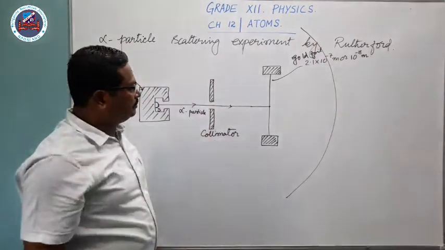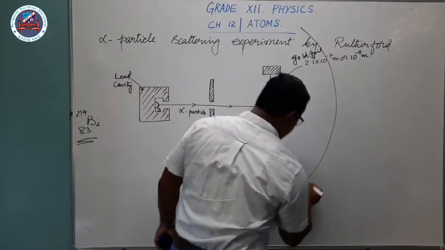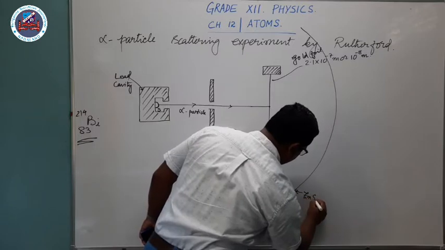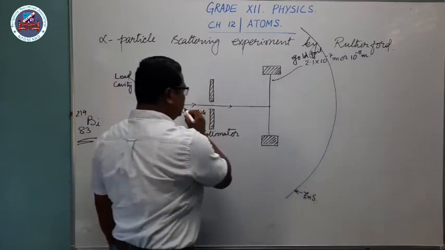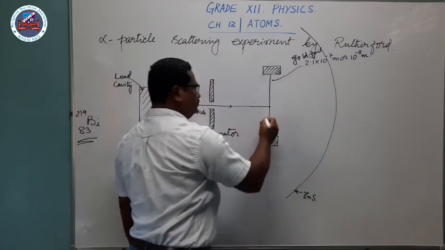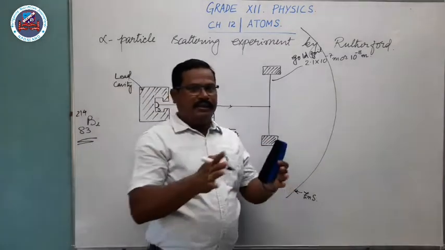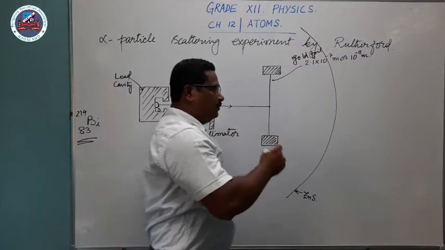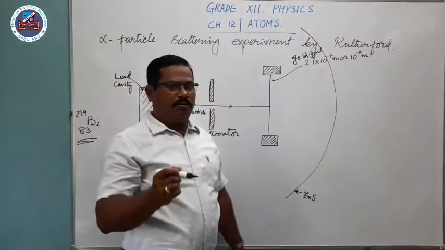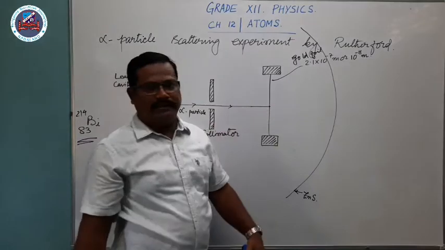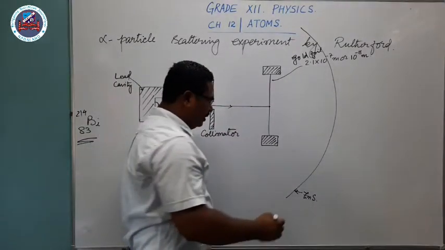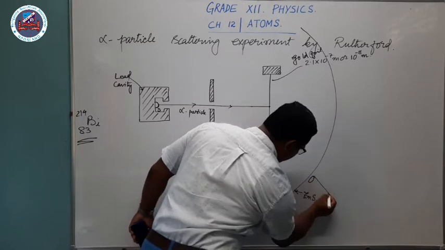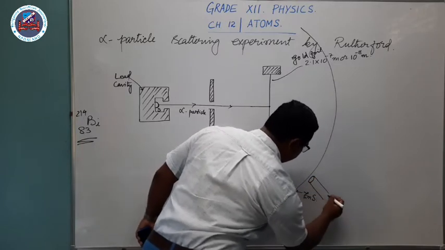This is the zinc sulfide screen. These alpha particles, after striking the gold foil, went in different directions. How many of them went straight? How many of them went at a certain angle? To detect it, a rotatable microscope is used as a detector.